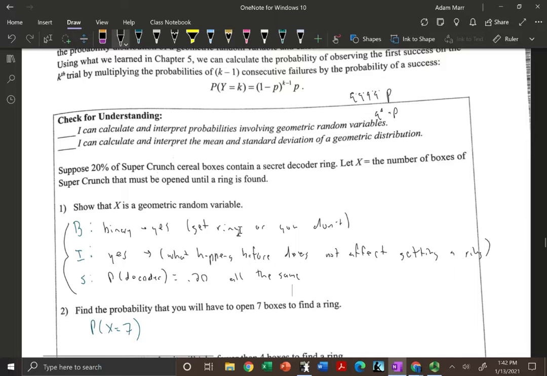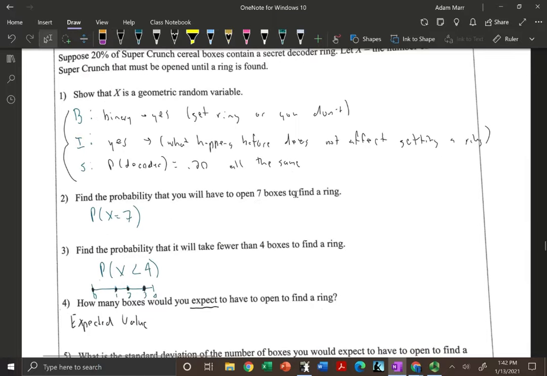No problem. Find the probability that you will have to open 7 boxes to find a ring. All right, so you could do this by hand or with the calculator. If you're doing it by hand, just think about that. 7 boxes means the first 6 will be failures, and then the last one will be a success. So the probability of not getting a decoder ring is going to equal 0.80.